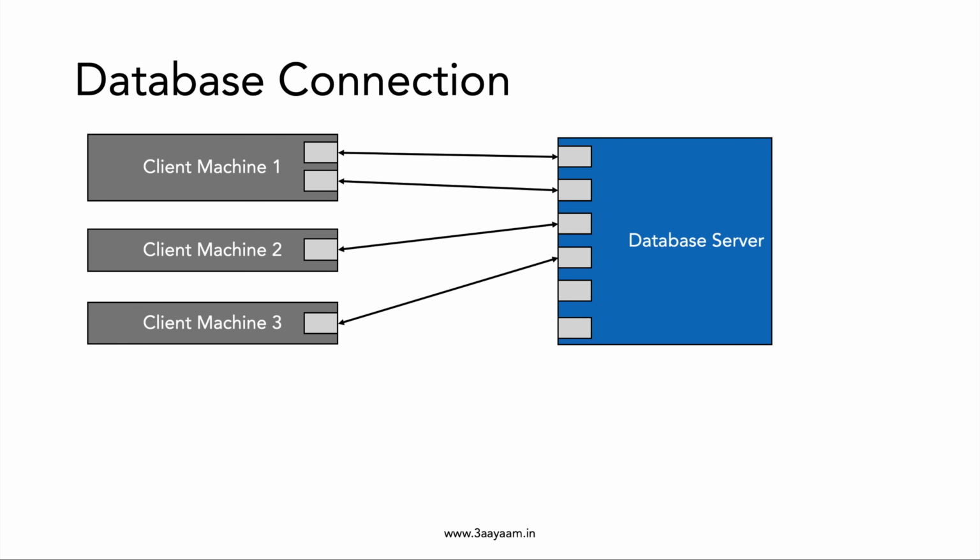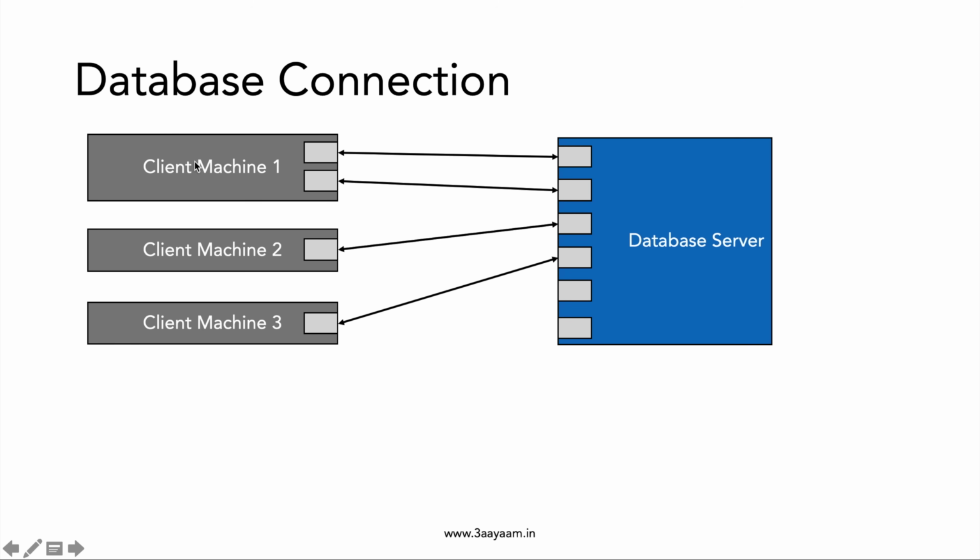And there can be sockets in database servers which are idle, which are not basically getting used. So in that case, the database can accept more connections. So if you see, the number of sockets or the number of connections are disproportionate between client machines and the database server.